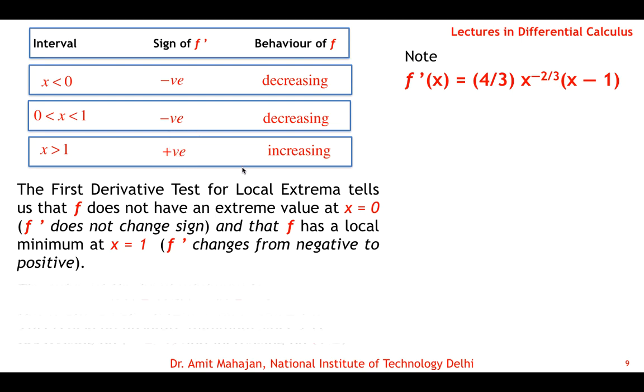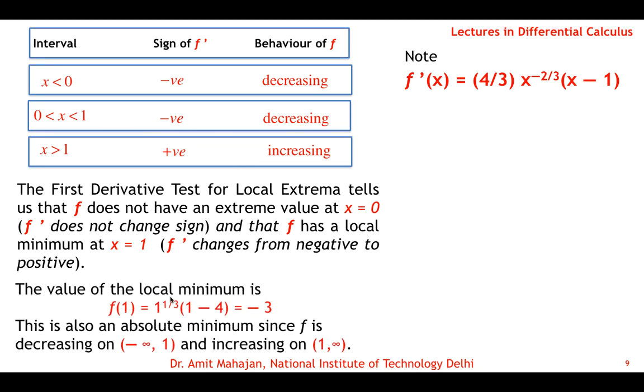And you can calculate the value of local minima by using x is equal to 1 in the function. So this point is also the absolute minima, because the function is decreasing for all x before x is equal to 1 and increasing for all x greater than 1.